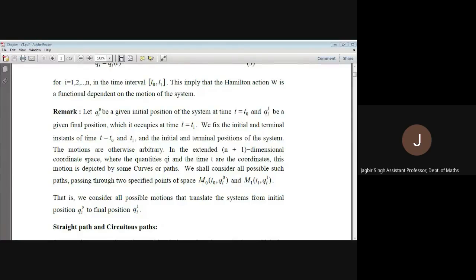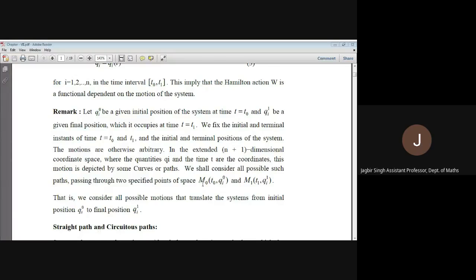Now, however we are working in some plane, we are going to work in n+1 dimensional space. Why is it n+1 dimensional? Because we have n+1 coordinates: one is t, then q1, q2, ..., qn.